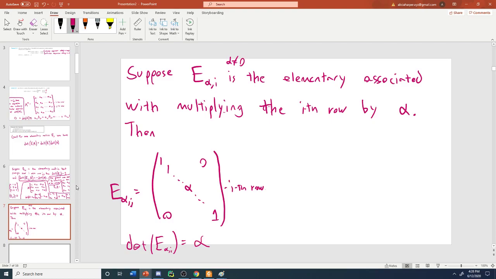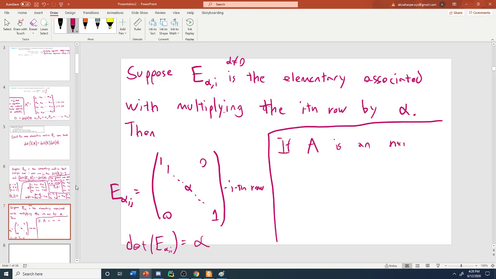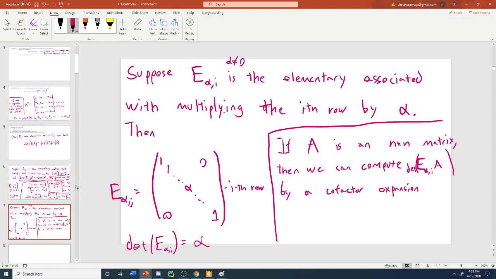Now, if A is an n by n matrix, then we can compute the determinant of E alpha i times A by a cofactor expansion along the ith row.